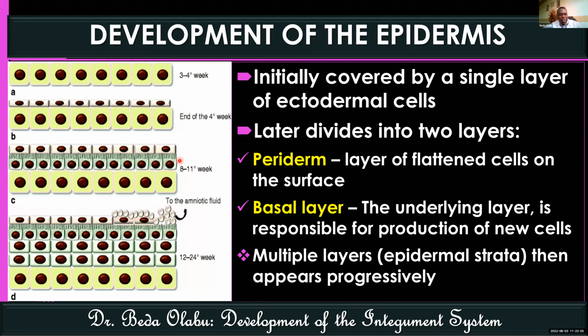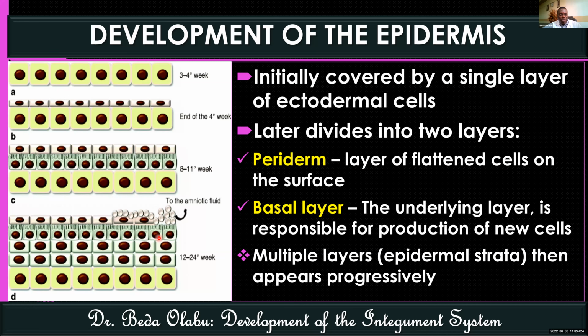But look at what happens as we exit the embryonic period and go to the fetal period of development. We can see now the epidermis starting to become multicellular. And even as we go to the mid-fetal or late fetal period, way into the end of the 2nd trimester, we can see that the epidermis is now multi-layered.